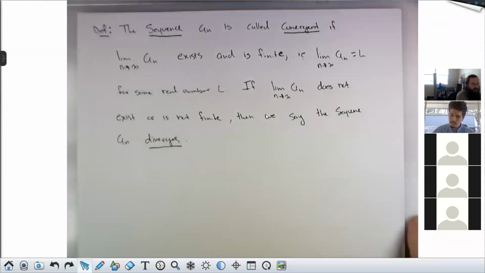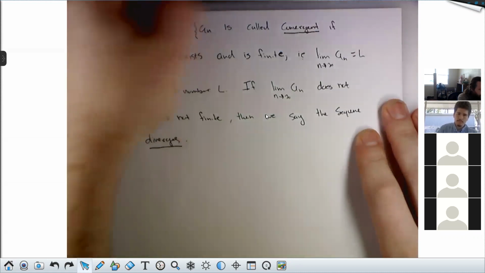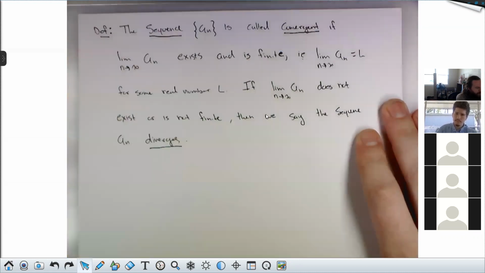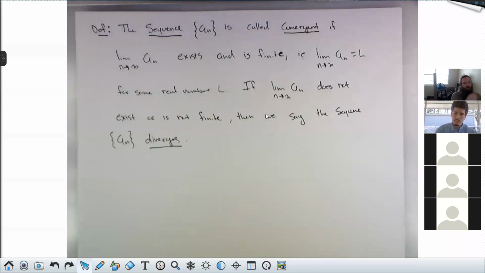Again, this is your second notion of convergence. Generally, by the way, when we want to refer to the sequence as a singular noun, we'll put it in curly braces like this. So if I'm being careful with my notation, this is how I should write it.